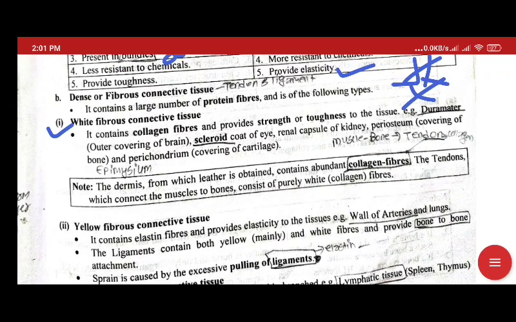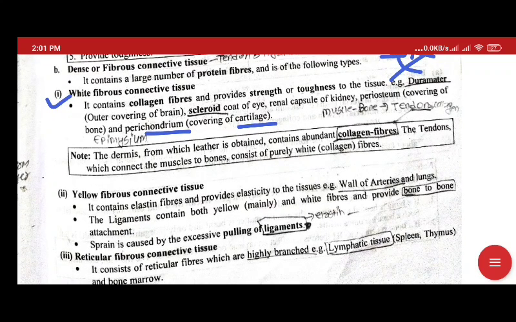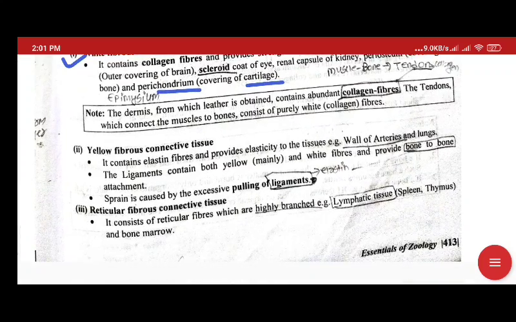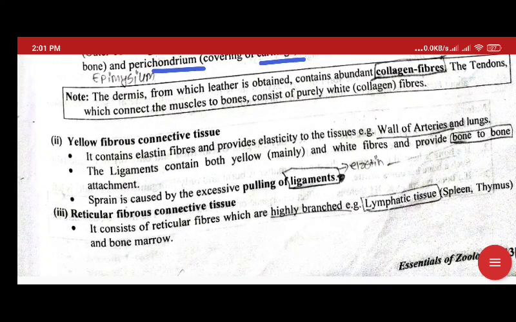periosteum. Here always remember, students, the term osteum is for bone, and chondrium is for cartilage. So here we have discussed the coverings of important parts: brain, eye, kidney, bone plus cartilage. Now in yellow fibrous connective tissue, elastin fiber is present.